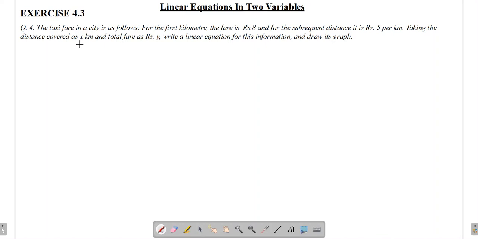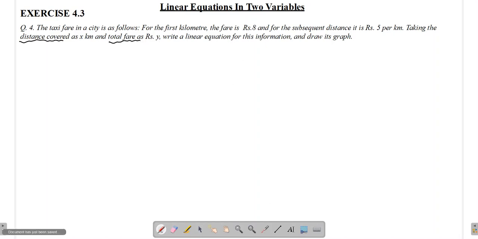Now you can see here we have two unknown quantities, and for our ease the question has already described what variables should be taken for them. One is the total distance covered and the other is the total fare.